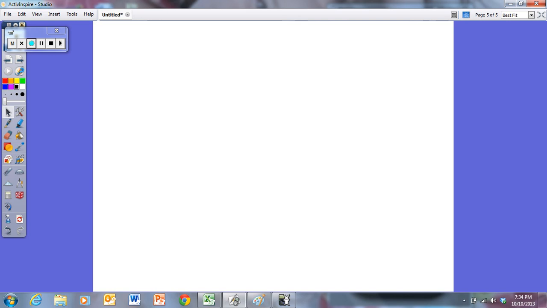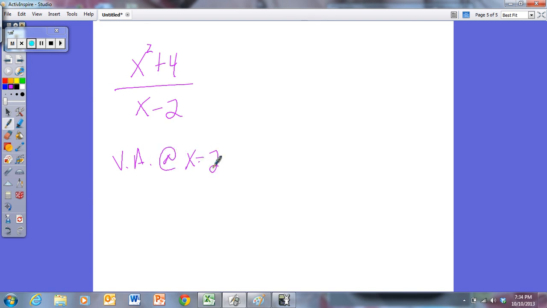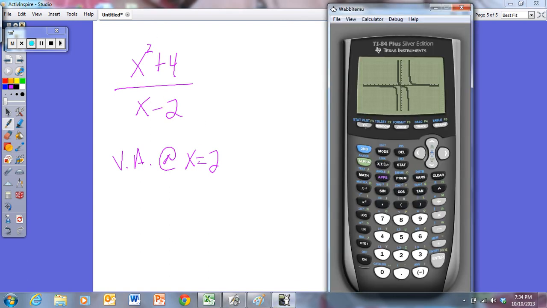So let's look at a function like x squared plus 4 over x minus 2. That's going to have a vertical asymptote at x equals 2, but because the numerator is bigger than the denominator, there should be no horizontal asymptote.